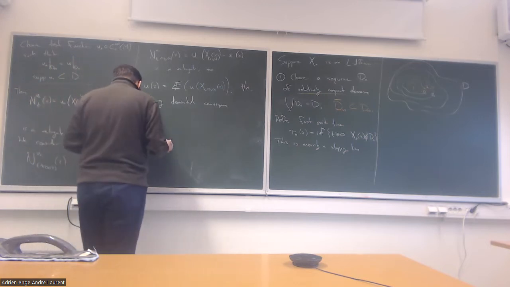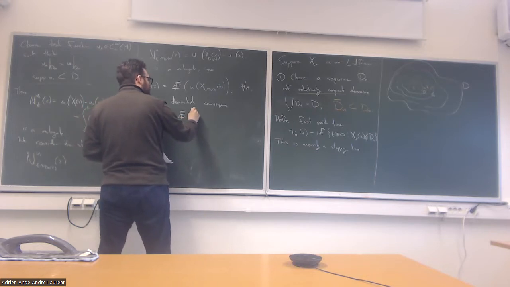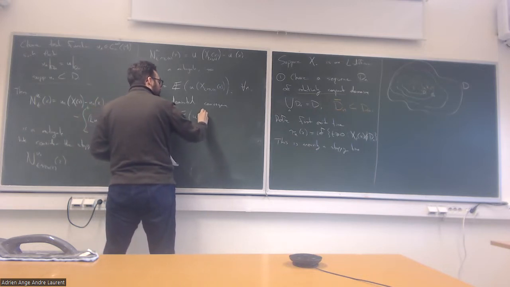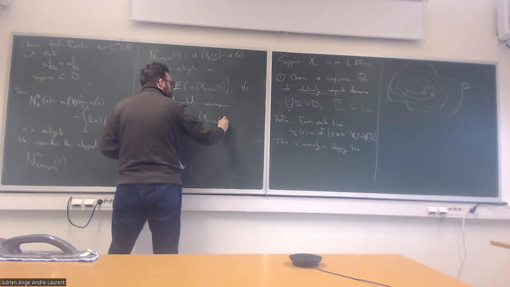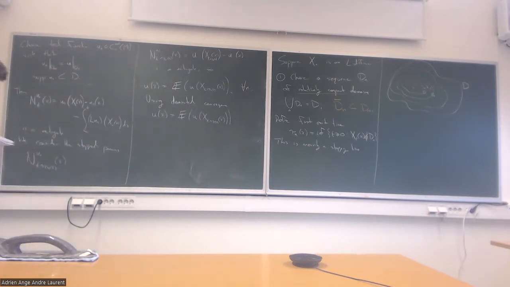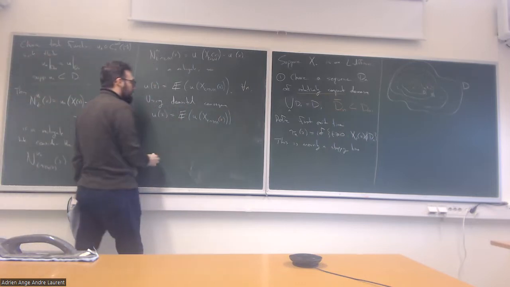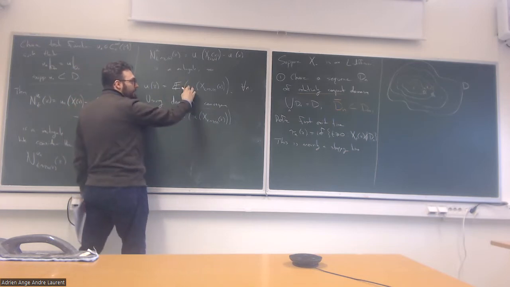So what we get is that u of x has to be equal to the expectation of u of X_{t wedge tau}. It's unsurprising, but you should be a little bit careful. With dominated convergence, I take the limit of the expression as n goes to infinity, and dominated convergence allows me to take the limit inside.